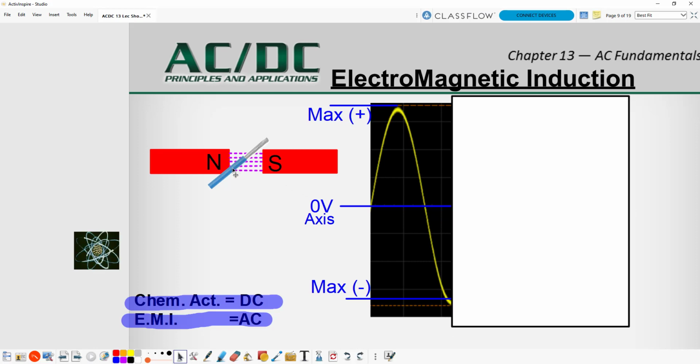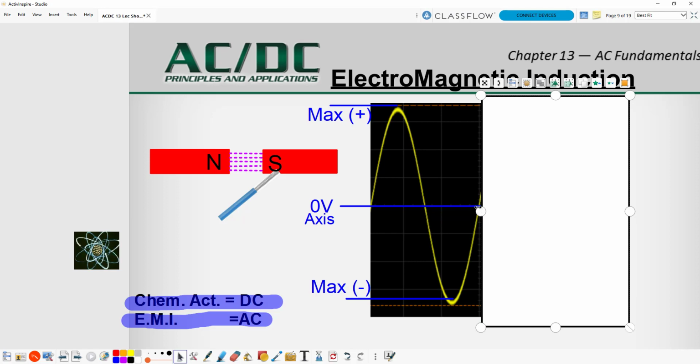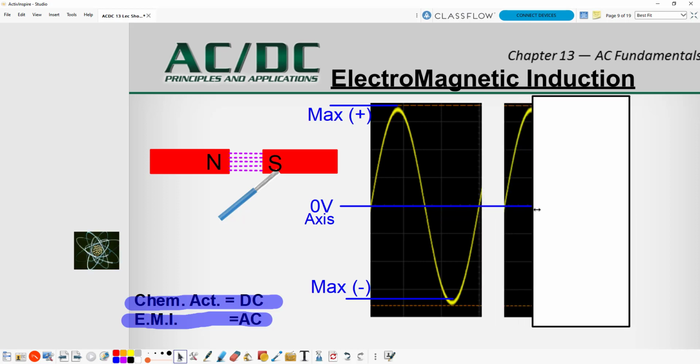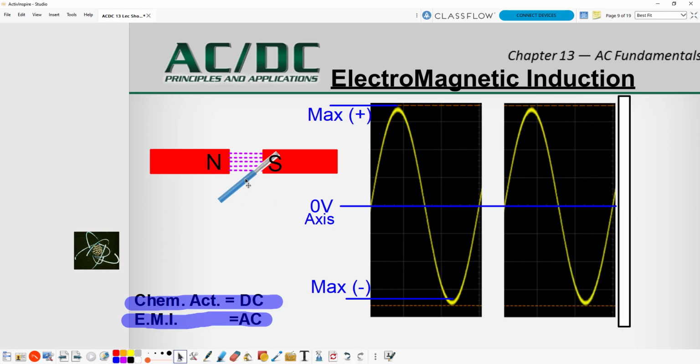As we keep going, we move completely out of the magnetic field, and we collapse back down to 0 again. And this wave just continues to happen as our conductor is moved through the magnetic field.